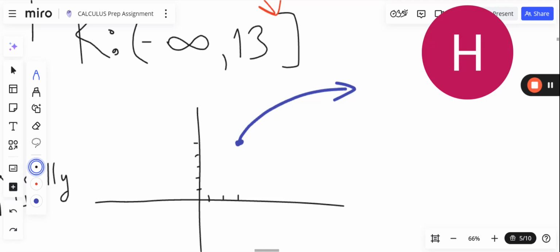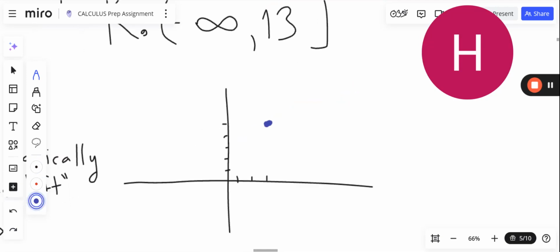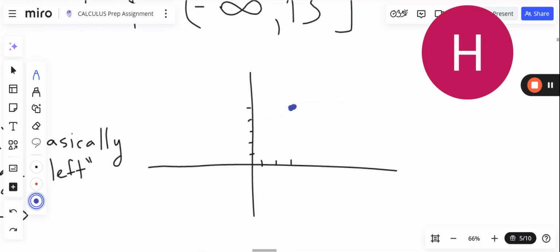But in fact, I need to reflect this. I need to reflect it across the x and across the y. So that's going to send it down and to the left. Which means that the range, at its lowest, even though it looks like it's flattening out, it's going to keep going downwards. It's just going to be going very far to the left.